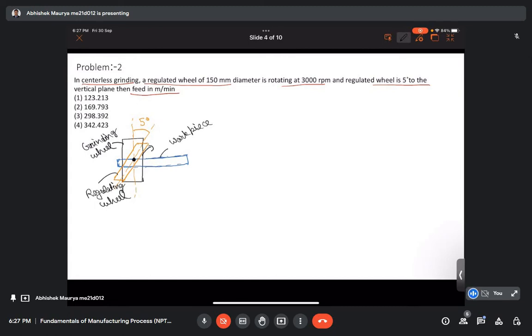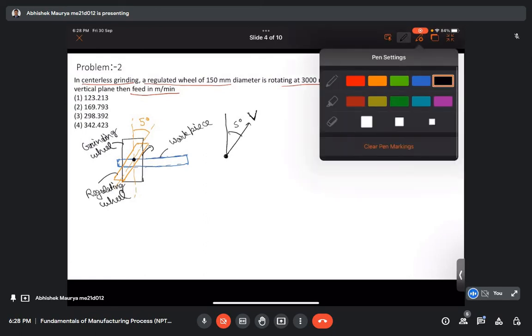Because of this angle at the point of contact of the regulating wheel and the workpiece, we will get the net tangential velocity, which will look something like this. Let's call that velocity v, and it is inclined with the vertical axis by 5 degrees. So there will be two components of this velocity v.